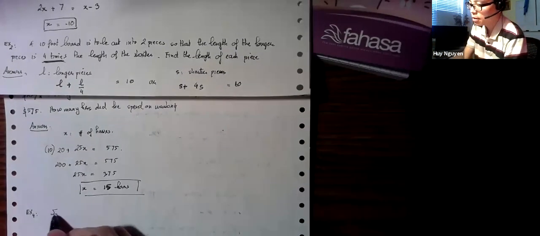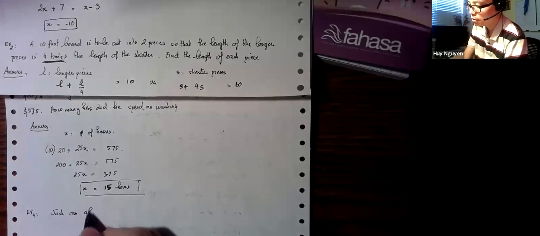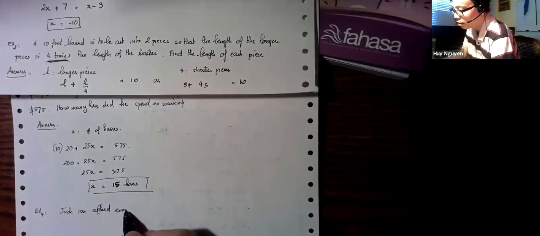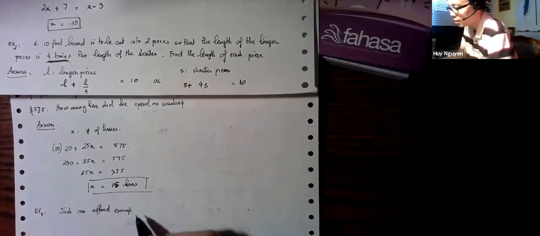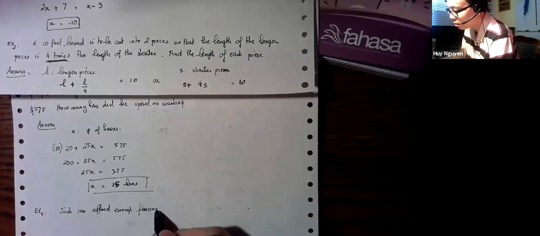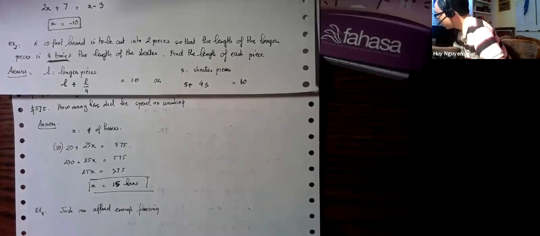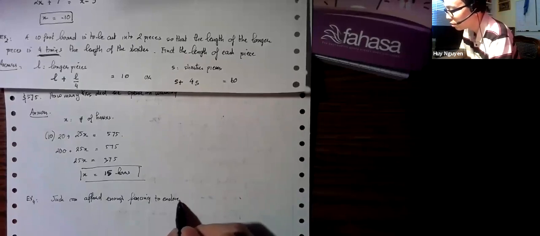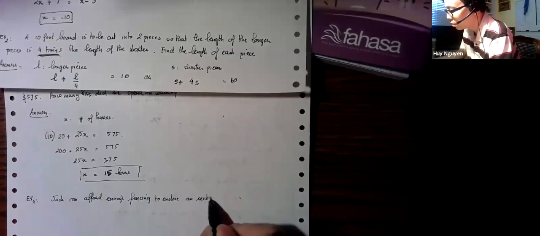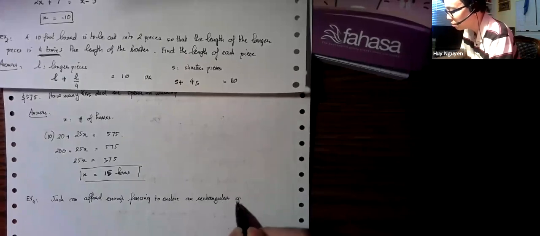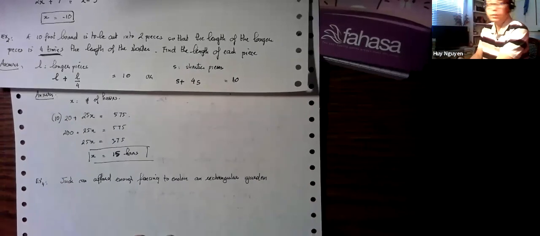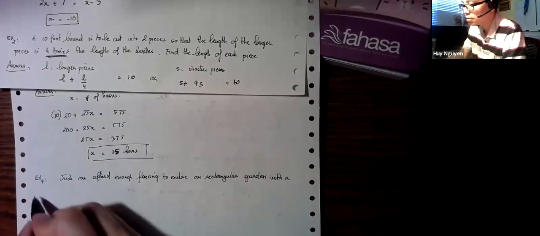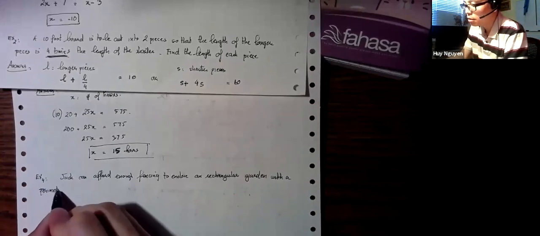Jack can afford enough fencing to enclose a rectangular garden with a perimeter, so they give you the perimeter.